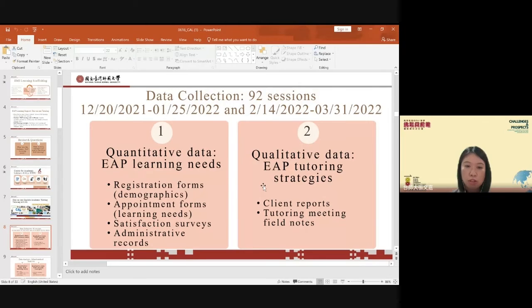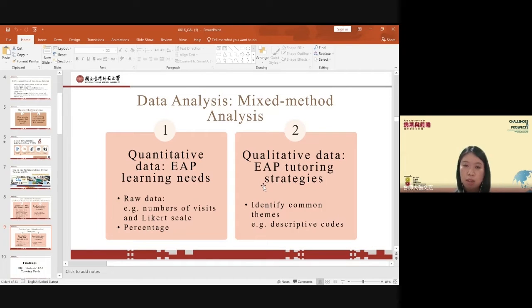We got registration forms, appointment forms, satisfaction surveys, administrative records, and for qualitative data, we have client reports and tutoring meeting field notes. We did mixed method analysis: raw data analysis and percentages, and for qualitative data, we identified common themes through different qualitative methods, such as looking for descriptive codes.